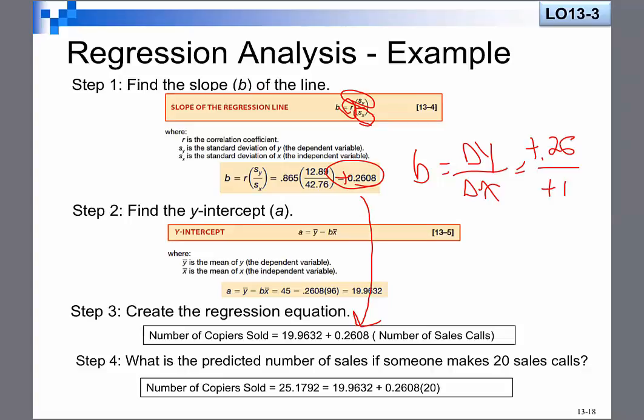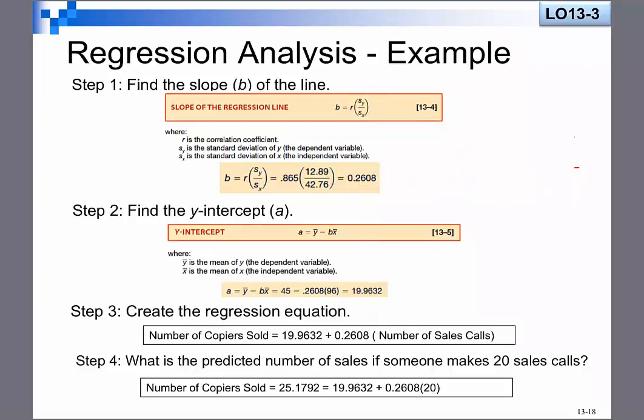If we wanted to change this but keep it positive, we could say as this goes down by 1, your Y goes down by 0.26. That is also a positive relationship, because both of them are going in the same direction. So either way, we have found our beta using kind of the hand method, not Excel necessarily, and that's fine for now.